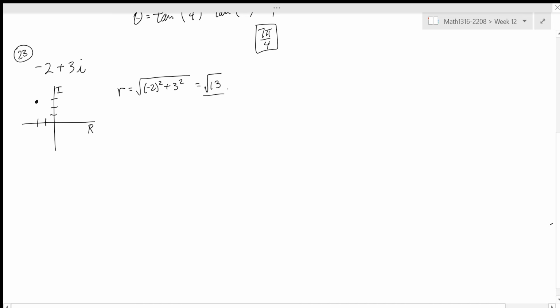And so we're going to have to leave that square root of 13. So far, so good? Okay, next. Theta. That's going to be the inverse tangent of b over a. So what is the inverse tangent of 3 over negative 2? And are you going to be in radian mode?